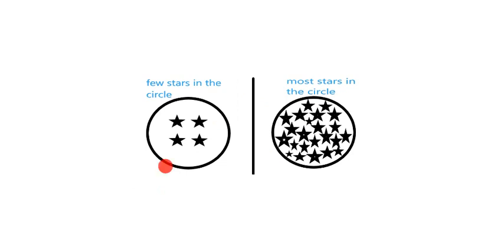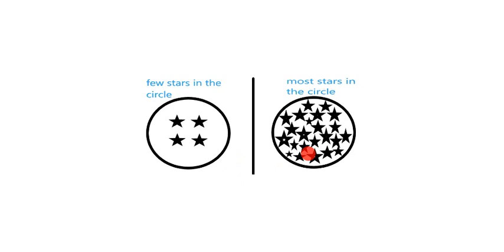You see that there are two circles and there are stars in these circles, but the quantity of stars in one circle is smaller than the quantity in the other circle. Okay, so we will not say that the quantity of stars in this circle is smaller than the quantity of stars in the other circle.